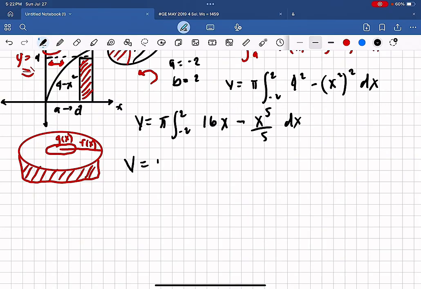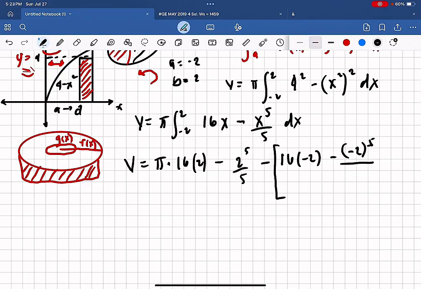Now volume equals pi multiplied by 16 times 2, minus 2 raised to 5 over 5, minus, let's substitute the lower limit: 16 multiplied by negative 2, minus negative 2 raised to 5 over 5. Wait, this is very ugly. Let's now use the calculator for solving this.